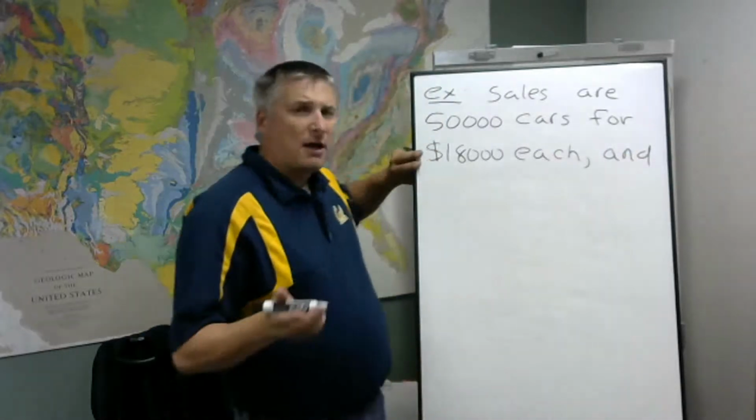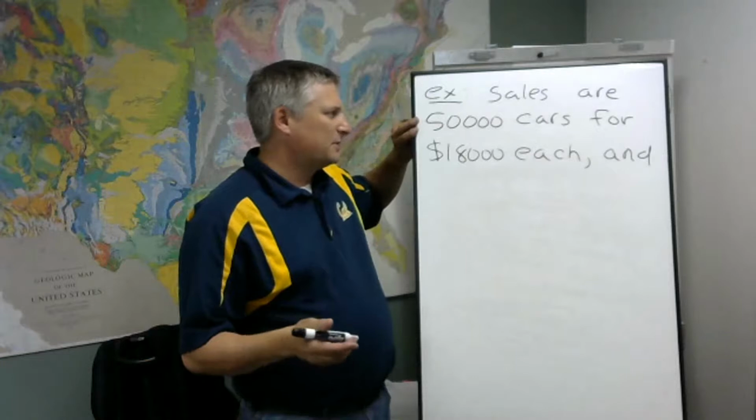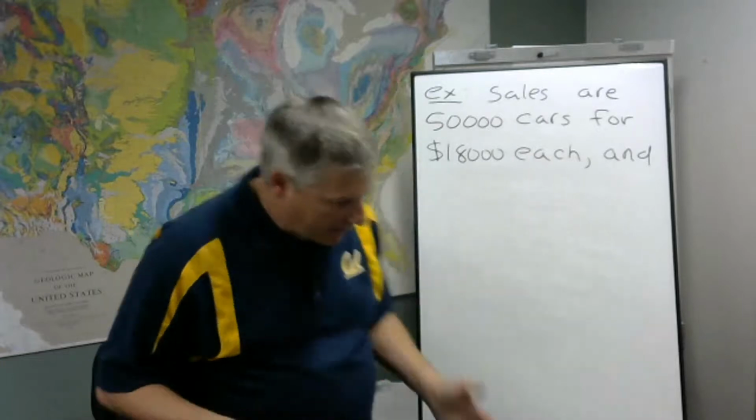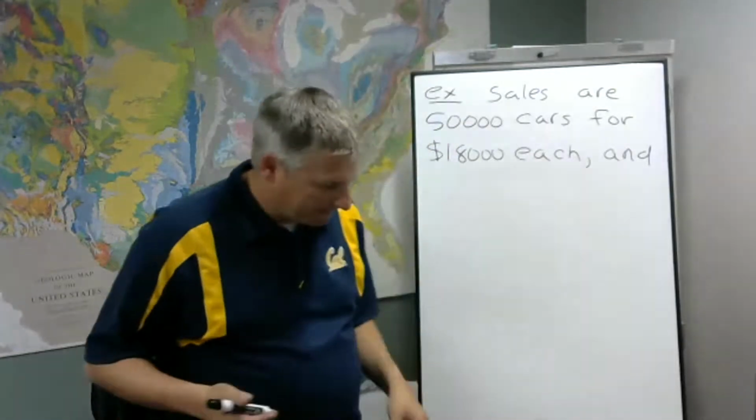So if the cars are $18,000 a piece, they're going to sell 50,000 of them. And let's see, a time frame apparently is a month.